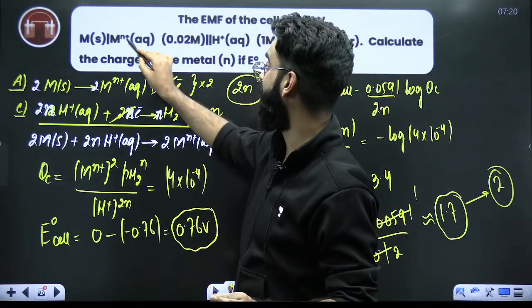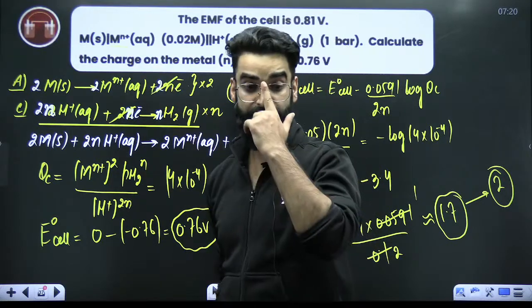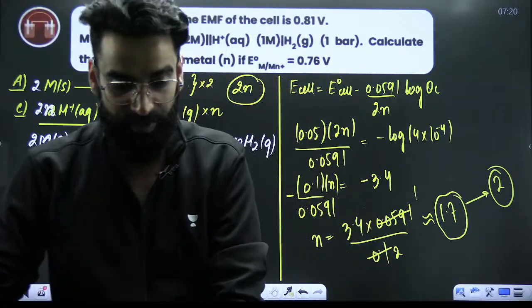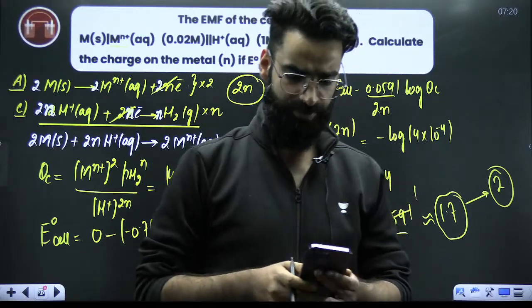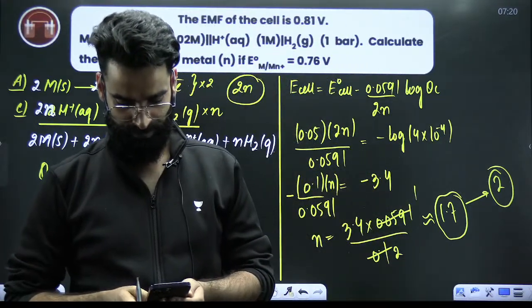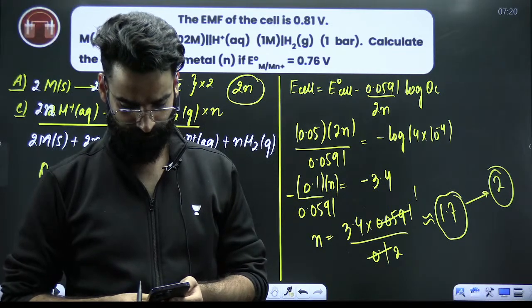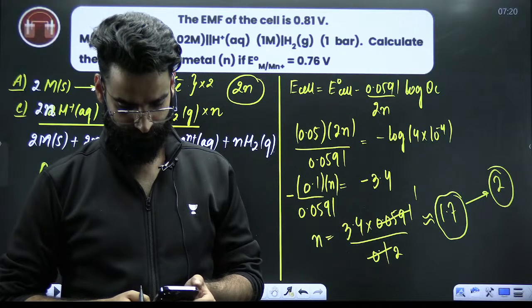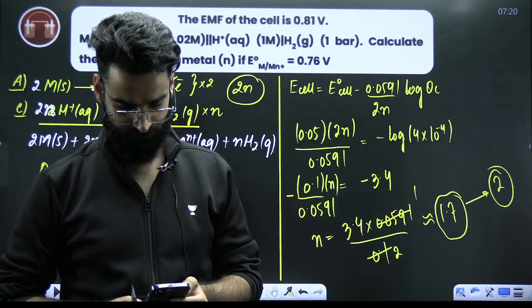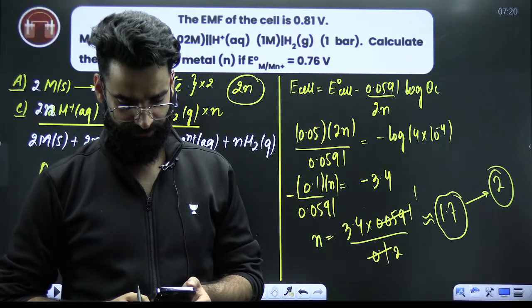That means the charge on this metal ion over here has to be exactly 2. So that's something which we were supposed to calculate. Is this clear now? Is this clear to everyone, people?